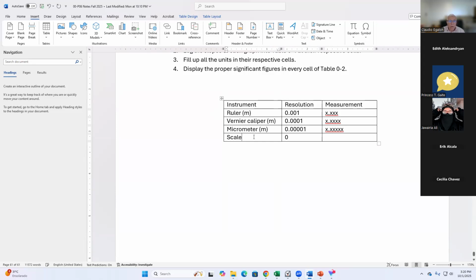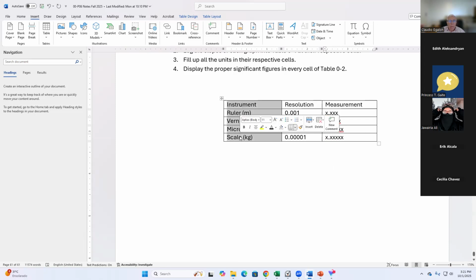And here the unit is initially in grams, so it should be 0.01 grams, but we want to display the unit in the main unit of the SI system of units. So that's three more decimal places, and the measurements should be reported up to the 5th decimal place: 1, 2, 3, 4, 5.